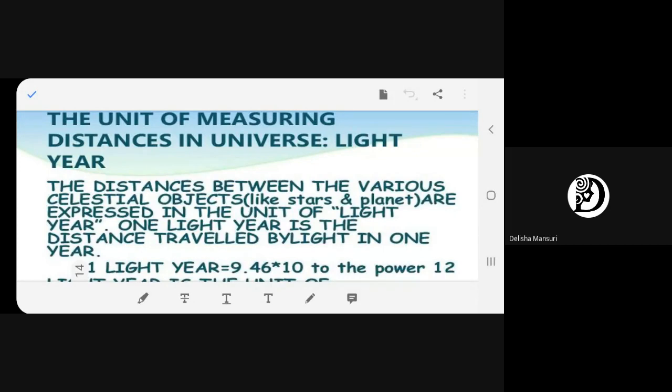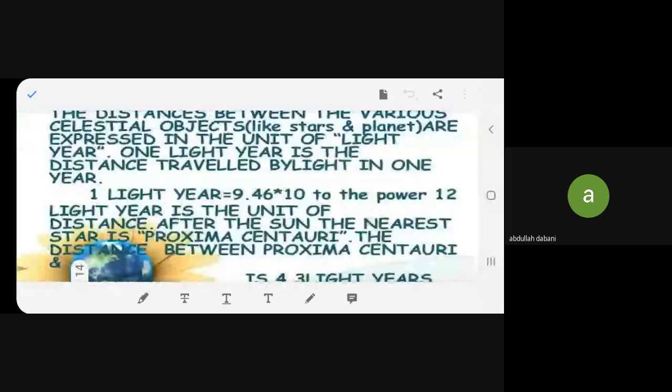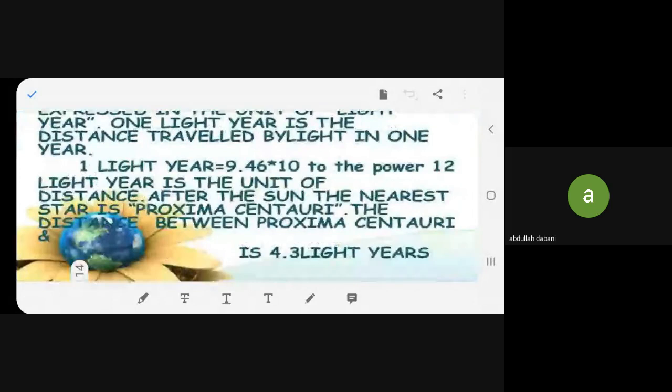The distance between the various celestial objects like stars and planets is expressed in the unit of light year. 1 light year is the distance traveled by light in 1 year. 1 light year is equal to 9.46 times 10 to the power 12 kilometers.